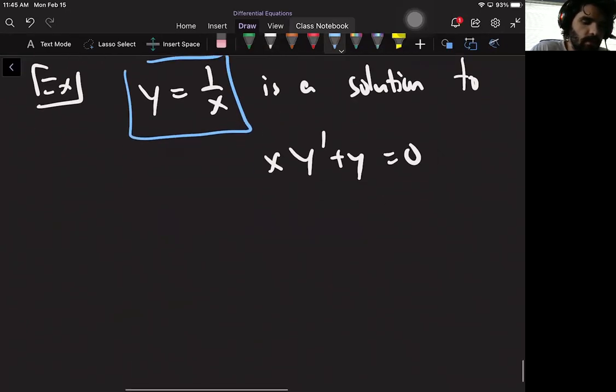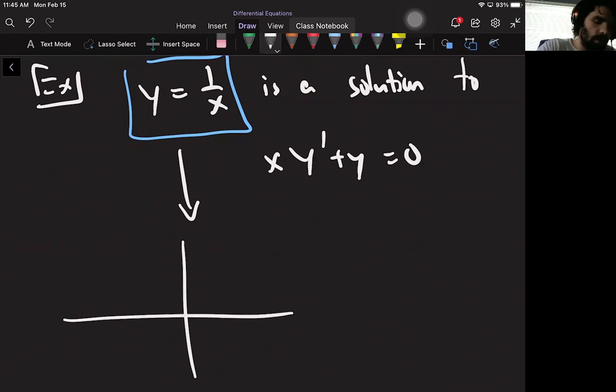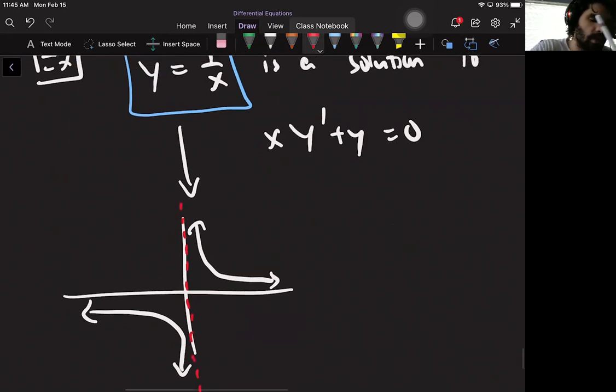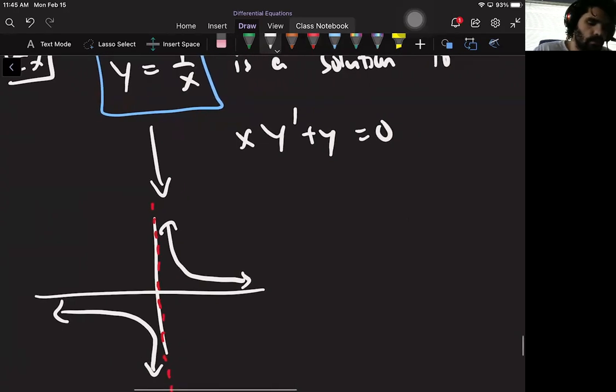If you look at it as a function and you try to graph it, it looks like this. And it's got an asymptote at x equals 0. So it's undefined at x equals 0, is another way to say that. So even though it's a solution, we have to think about that a little bit.